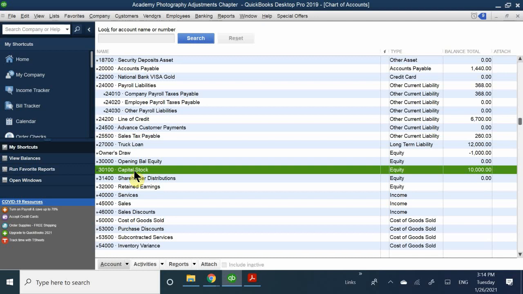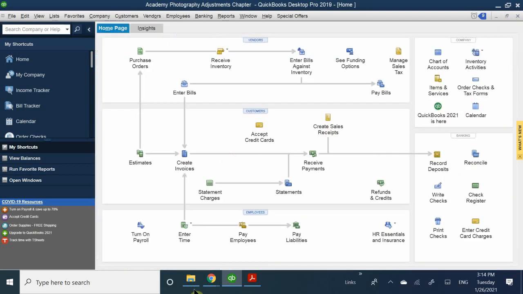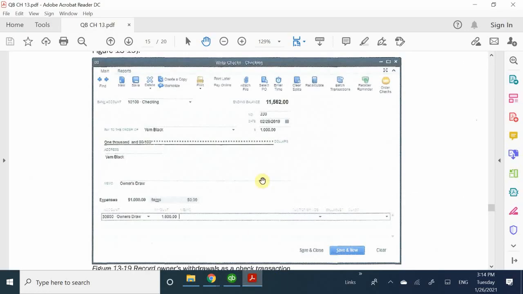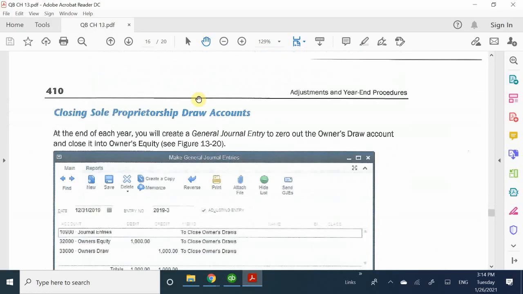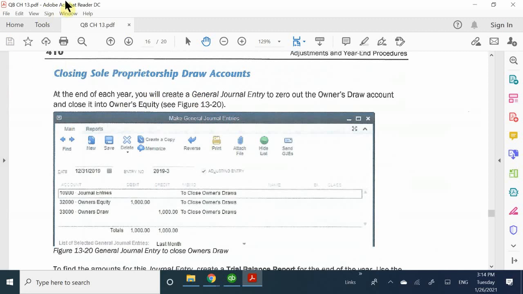So in this case, I'm unable to do it, but looking at the actual example here in the book, you're going to debit your owner's equity, and you're going to credit your owner's draw. And that's going to adjust your total equity at the end of the day.